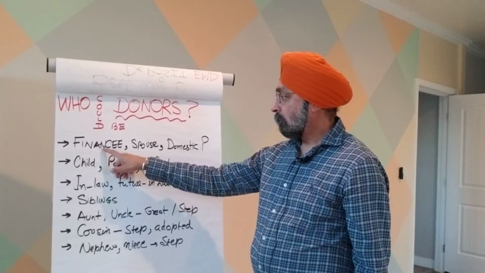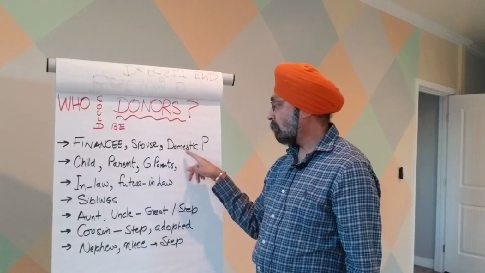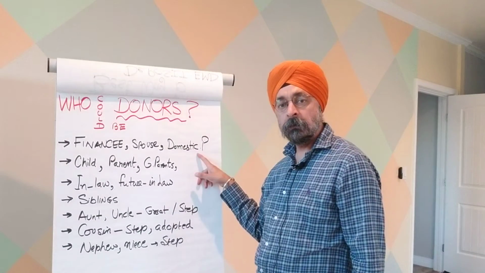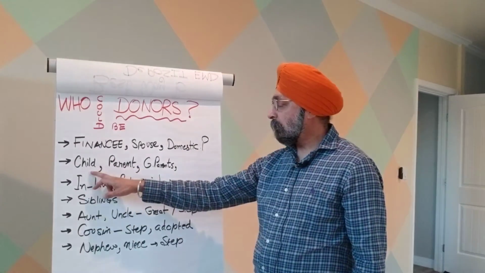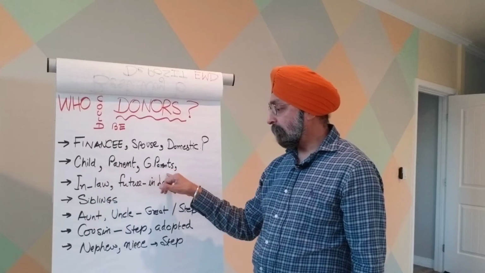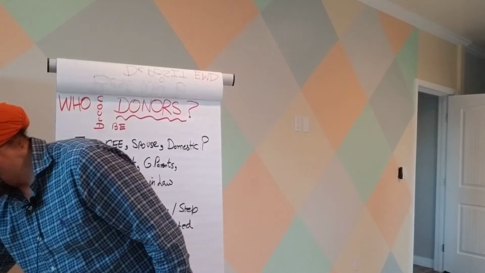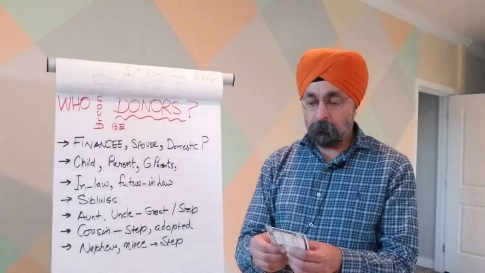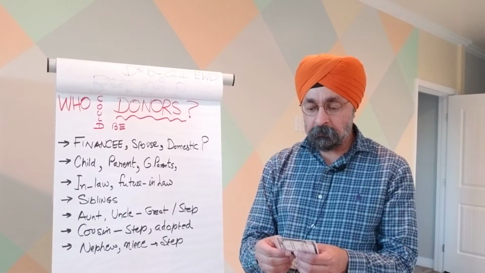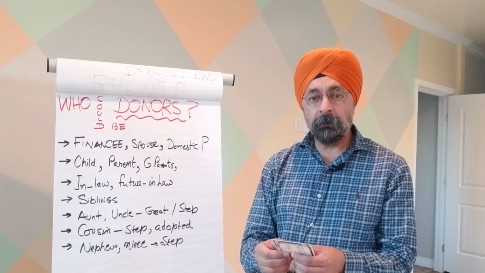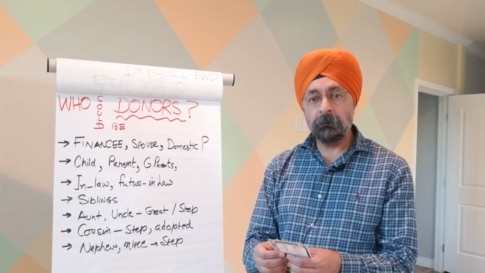Fiance, spouse, this is obvious. Domestic partner, child, parents, grandparents. And even in child, we have a stepchild, could be adopted, could be a foster child.